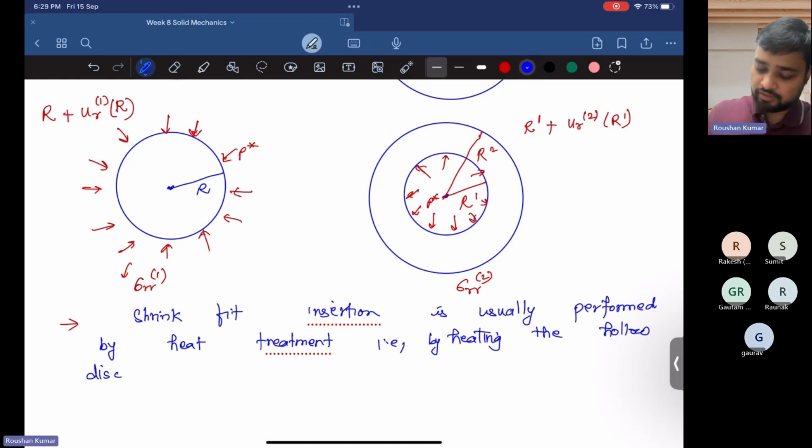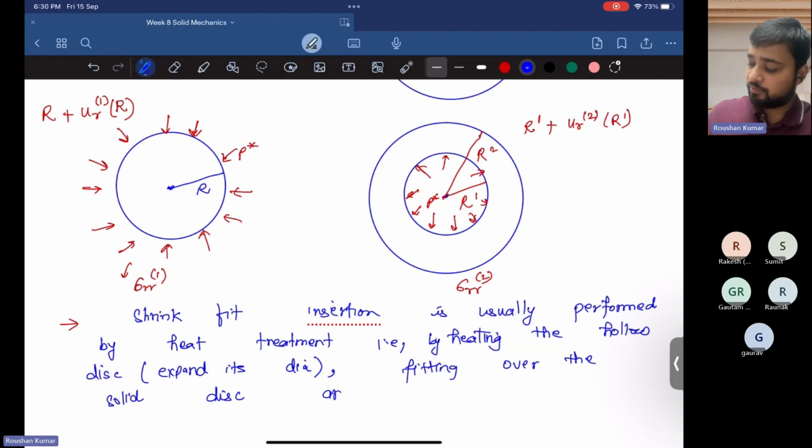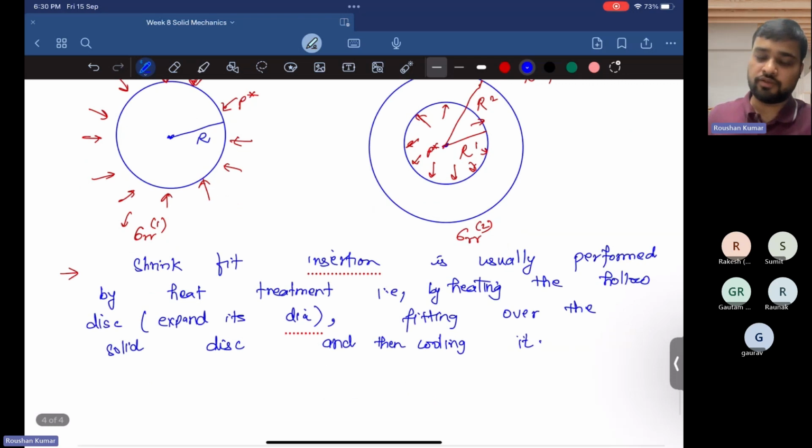On heating the hollow disk, it expands its diameter so that it fits over the solid disk, and after that we have to cool the disk. So this is a process through which we can insert a solid disk into a hollow disk.